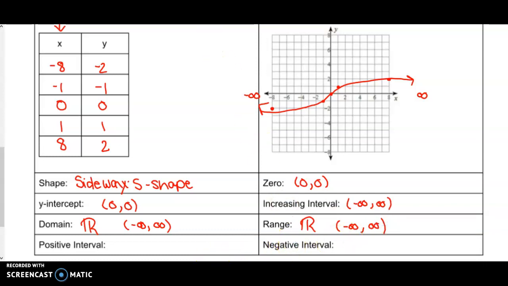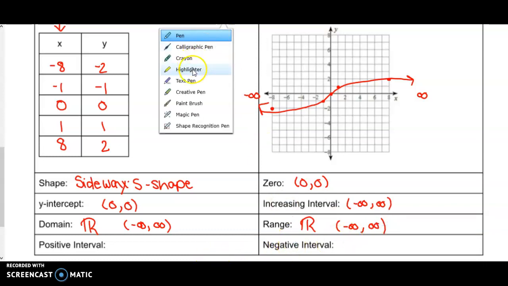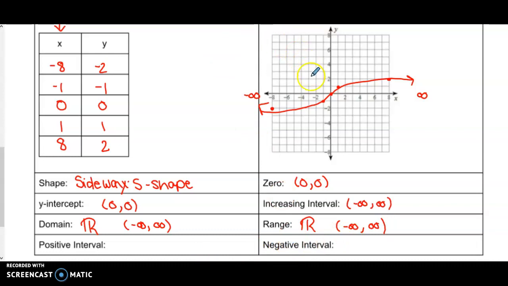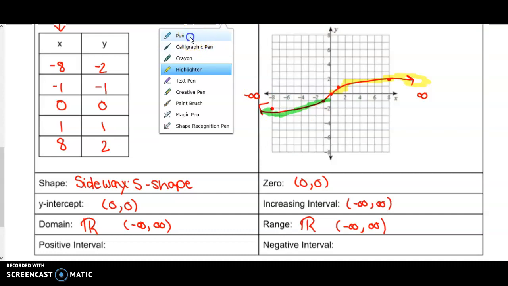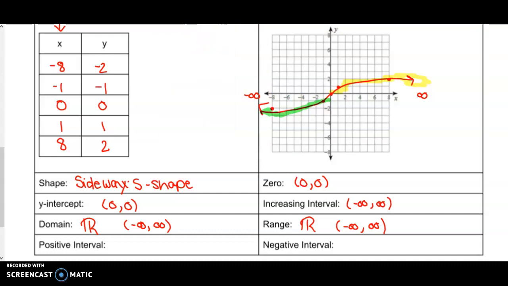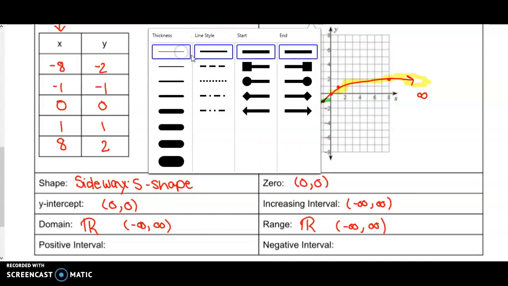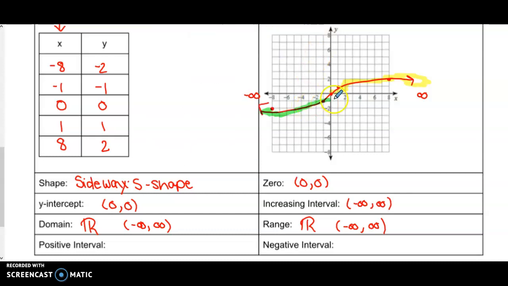All right, positive and negative, this is where we highlight above the x-axis and below the x-axis. So this piece here is above, and then this piece down here is below. Notice again that the point (0, 0) right there in the center is neither positive nor negative because its y value is 0, and 0 is not a positive or negative number.